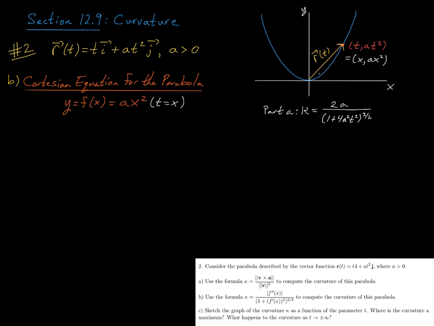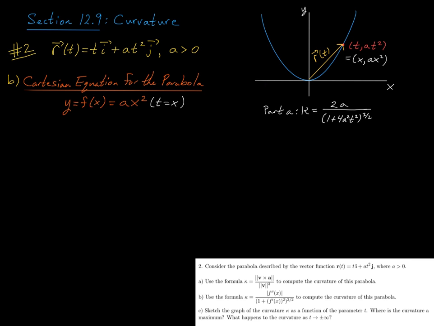Here, we are describing the parabola initially by a vector function, but we recognize the i and j components as parametric equations for this parabola, whose Cartesian equation is y equals ax squared. So here we're just identifying the parameter t with x.